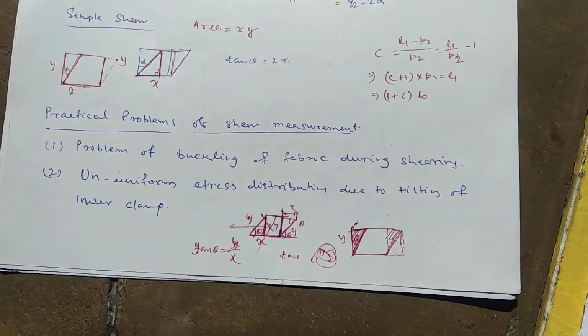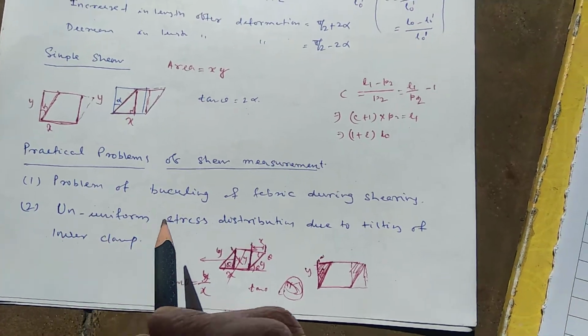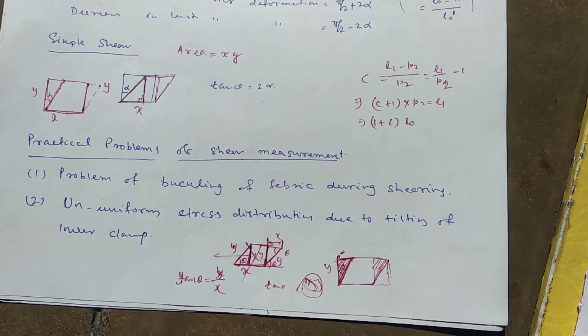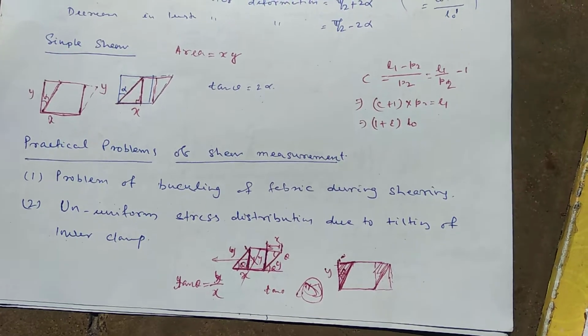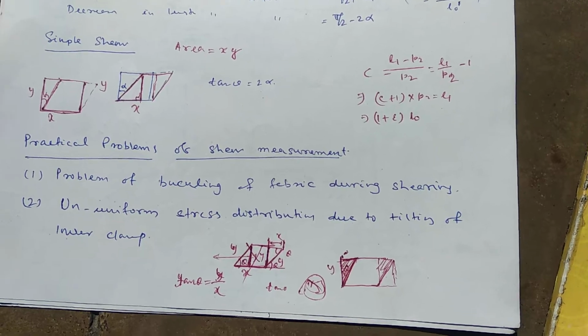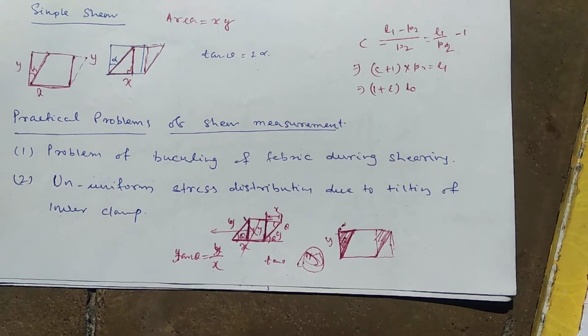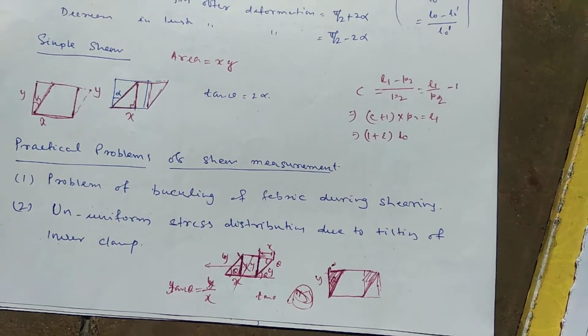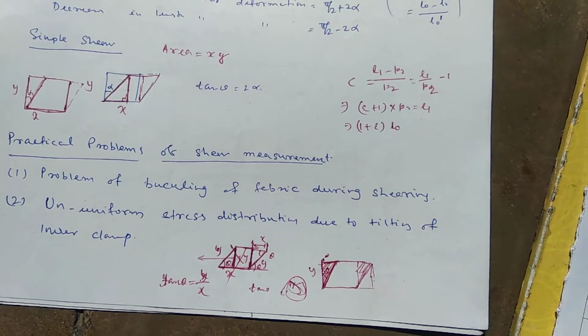One practical problem we faced is during fabric shear, because when we apply a force in a direction not along the principal directions, the deformation is called a shear deformation. Here when we apply a force, there is an effect of buckling.